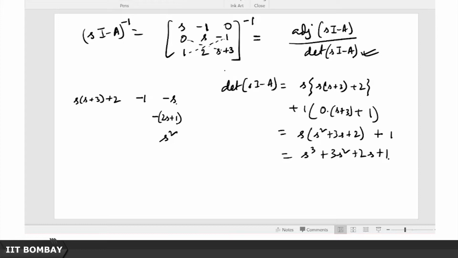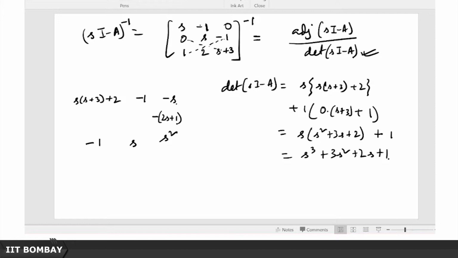Of course I believe the sign will not change for this. What about this? It's minus s minus 0, so the sign will change here, so it's going to become plus s. What about this entry? It's going to be 1, and the sign is going to change, so it's going to be minus 1.